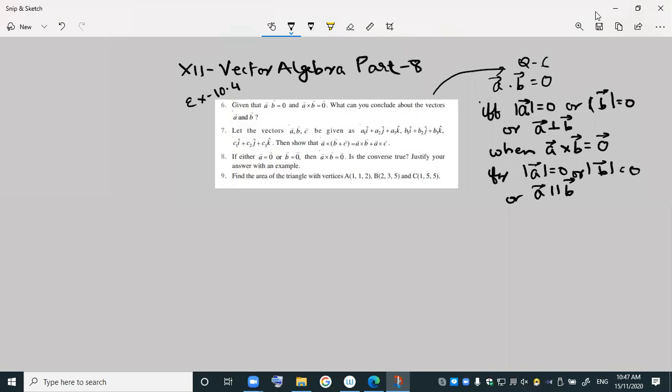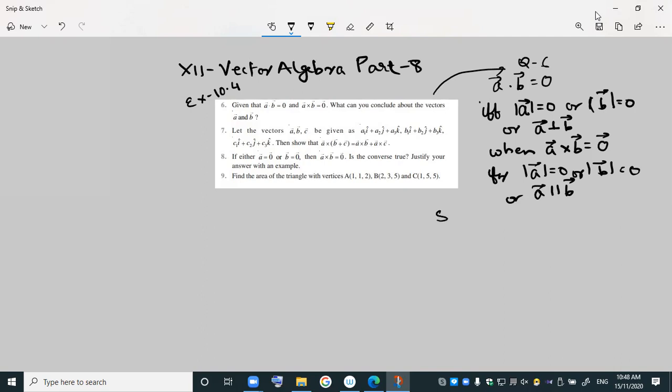So obviously, cross product is also 0 and dot product is also 0 simultaneously, and two vectors cannot be parallel and perpendicular at a time. So obviously these two conditions, perpendicularity and parallelism, cannot both hold.